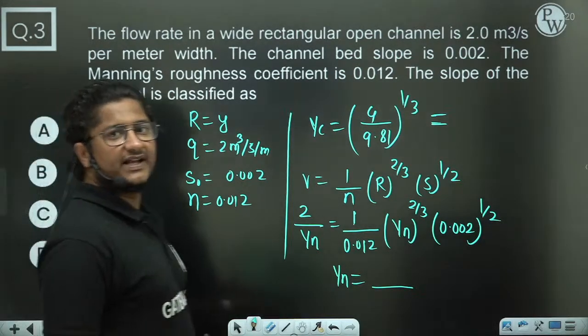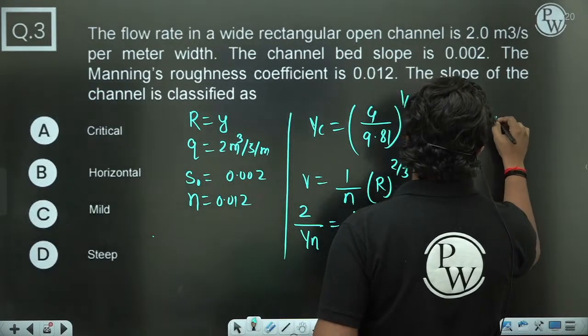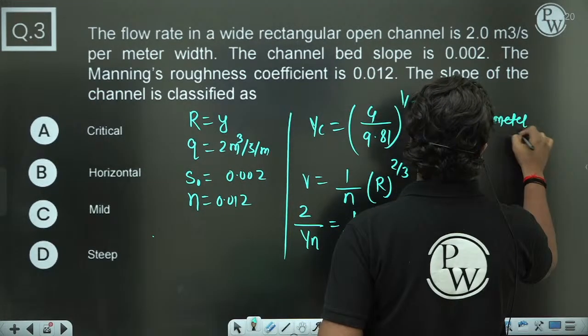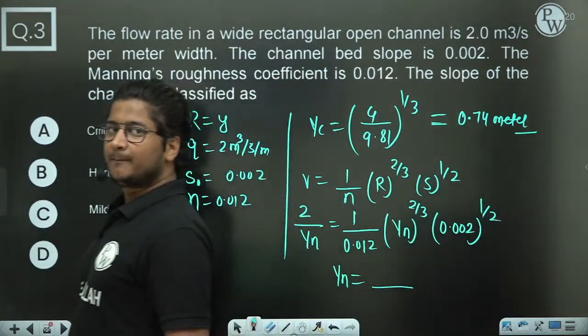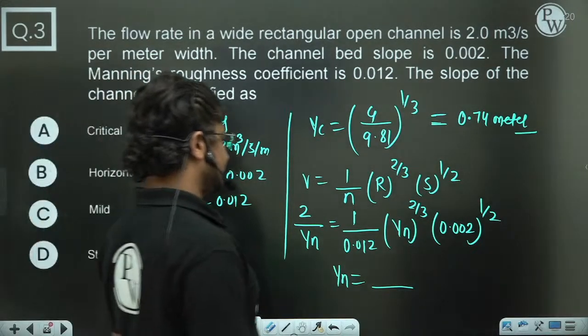So YC I'm getting as 0.74. And what about YN? YN I'm getting around 0.688.